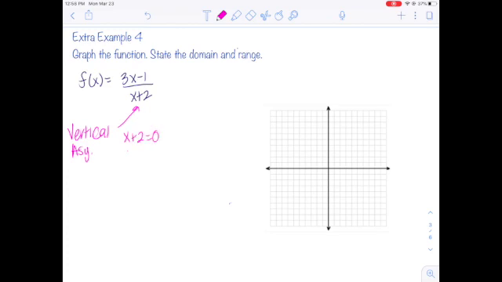So x plus 2 is equal to 0. Solve that, you get a vertical asymptote at negative 2. So frame it up. x equals -2. Your horizontal asymptote is your coefficients. So y is equal to 3.